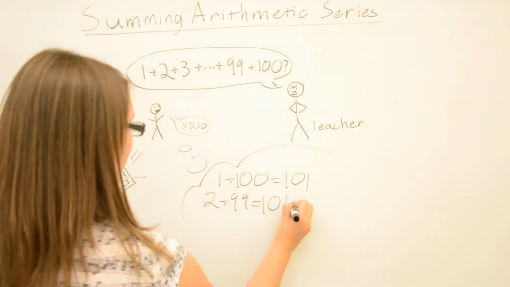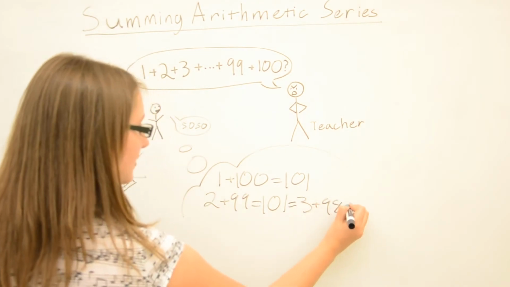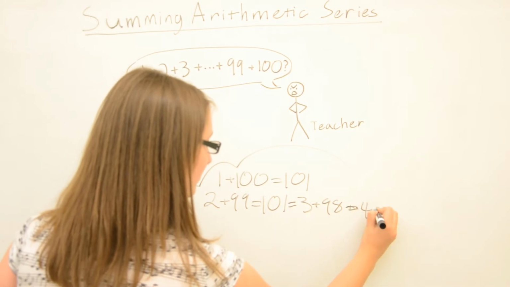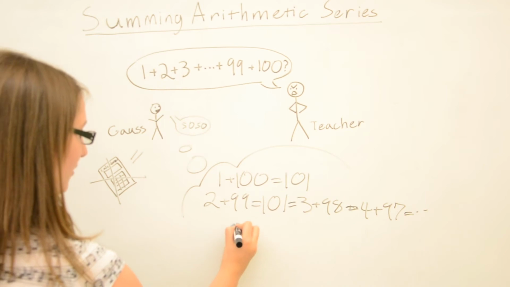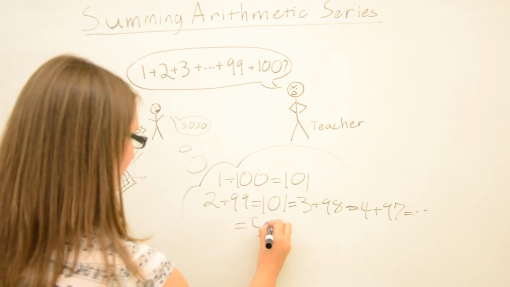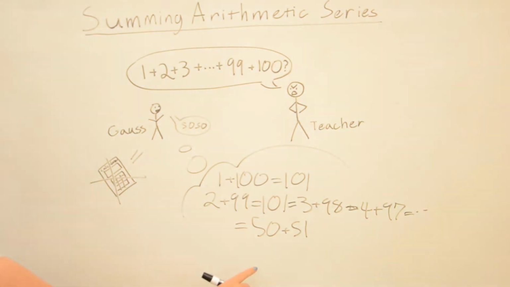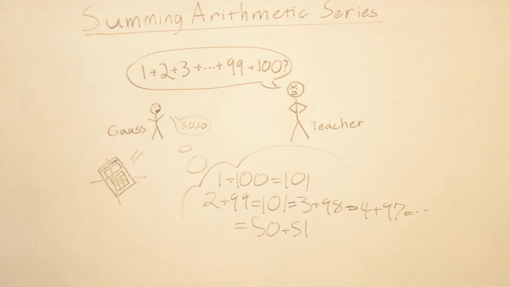This is also what 3 plus 98 is, and 4 plus 97, and so on, all the way up to 50 plus 51. We don't want to go past this because the next one would be 51 plus 50, and that'd just be repeating itself.